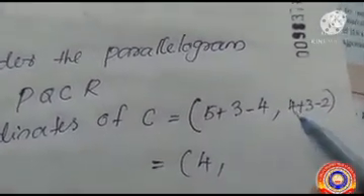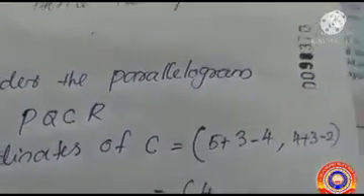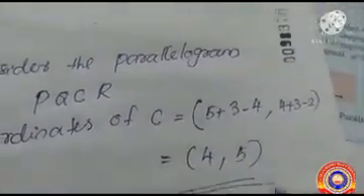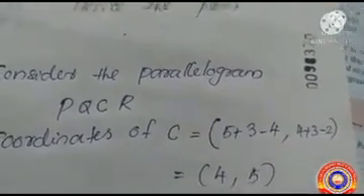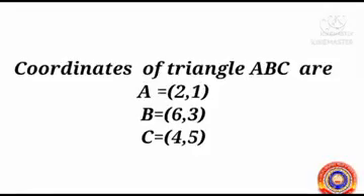Coordinates of C is equal to (4, 5). So the coordinates of the triangle ABC are A equal to (2, 1), B equal to (6, 3) and C equal to (4, 5).